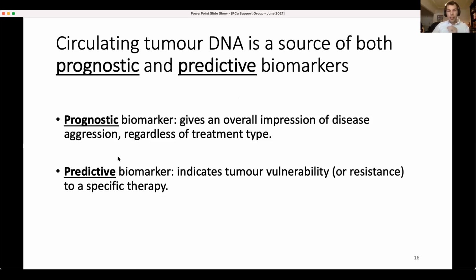On the other hand, we also have predictive biomarkers, and this is a huge focus now in oncology, to identify these predictive biomarkers. These are biomarkers that indicate that the tumor is vulnerable to a specific therapy, or conversely, might be resistant to a specific therapy.